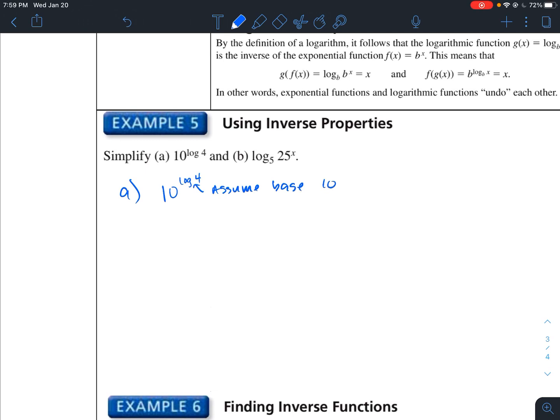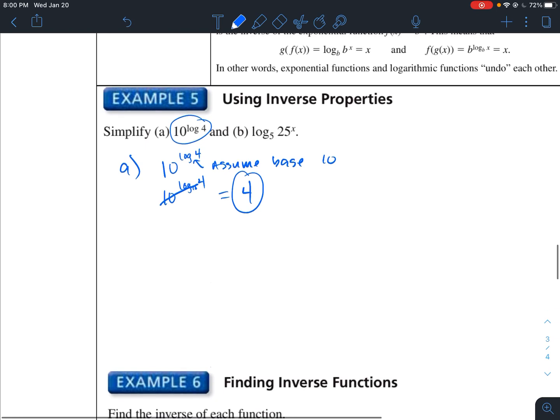So really, this is like saying 10 being raised to the log base 10 of 4. If that's the case, these cancel, and you're just left with 4. And we just simplified this expression right here using inverse properties.